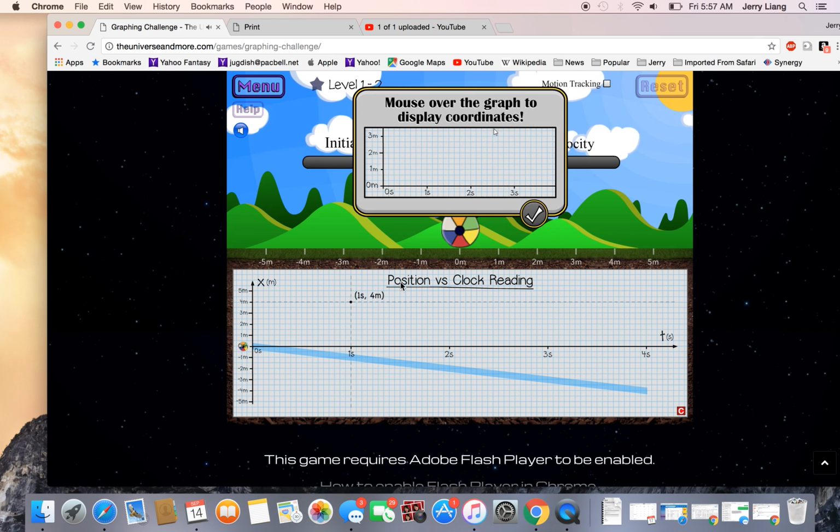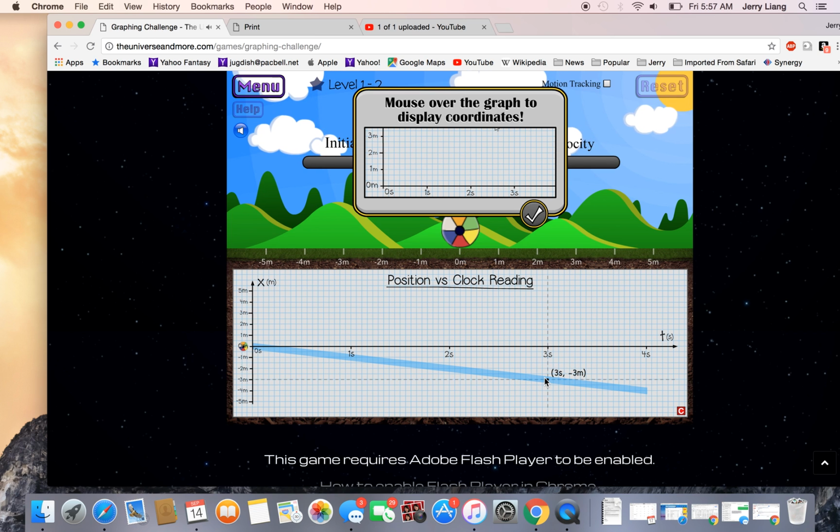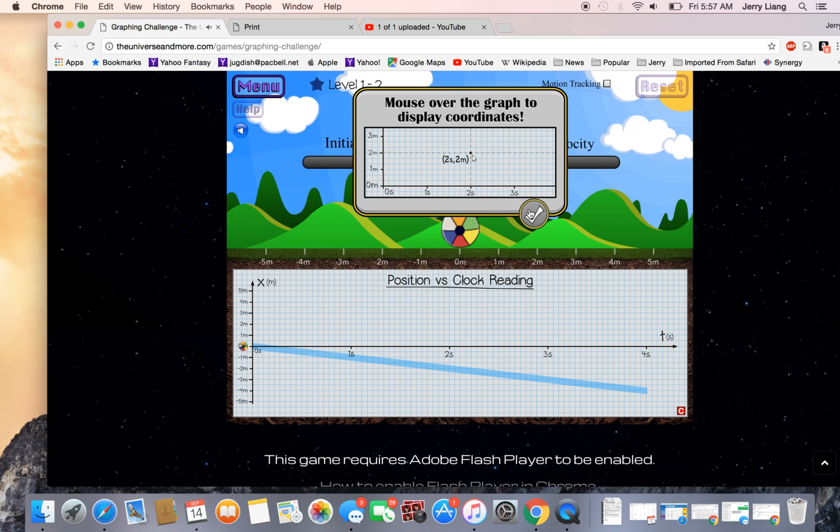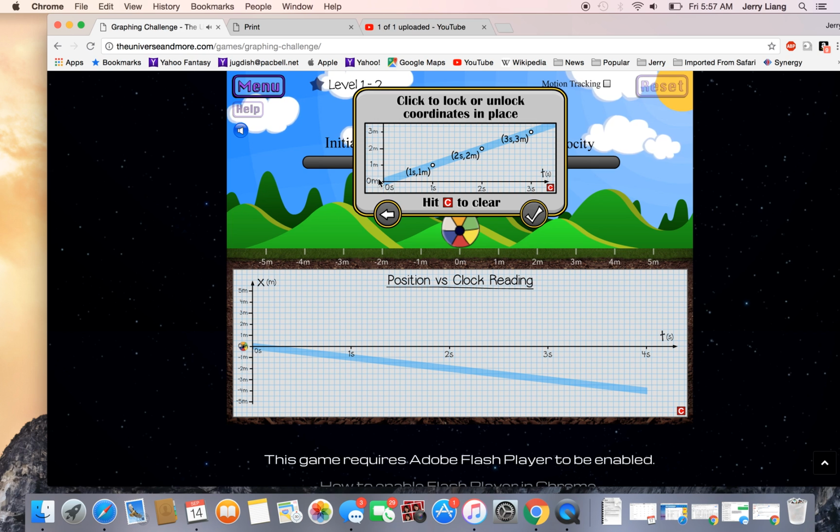Here we go. Alright, now you'll notice that when we move our thing, we actually get coordinates. We get like 3 seconds and -3 meters. All right, so we can tell that we've got a ball this time, and we want it to kind of go downwards.